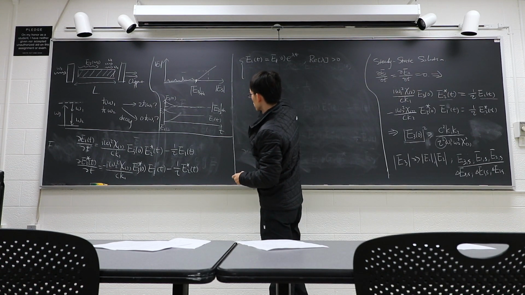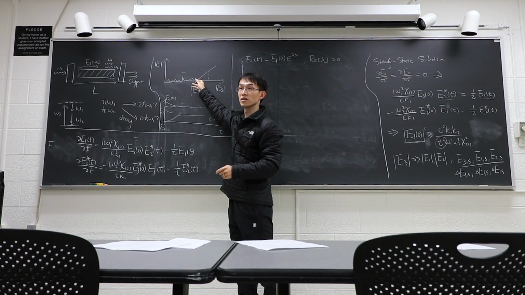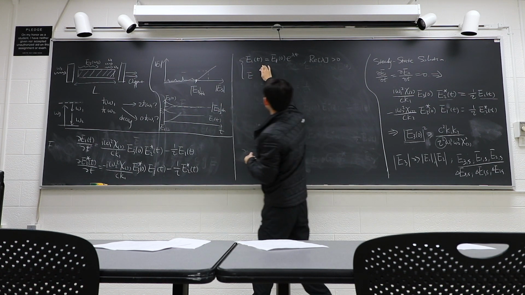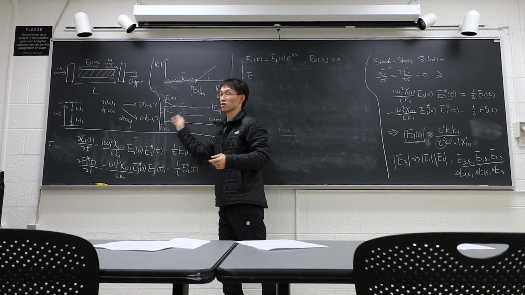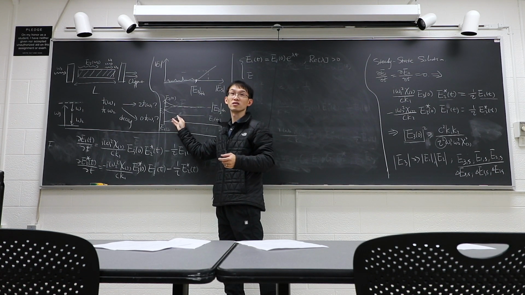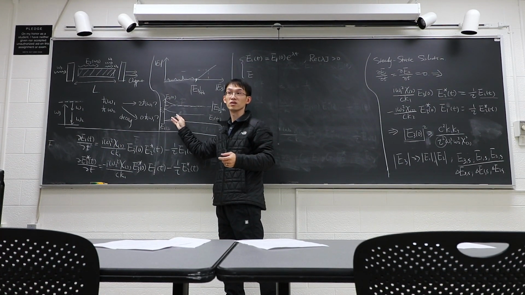And this only works near the threshold, because you need it to be very small at first, then it will be exponential growth. After it grows a little bit to here, then apparently it's not exponential anymore.